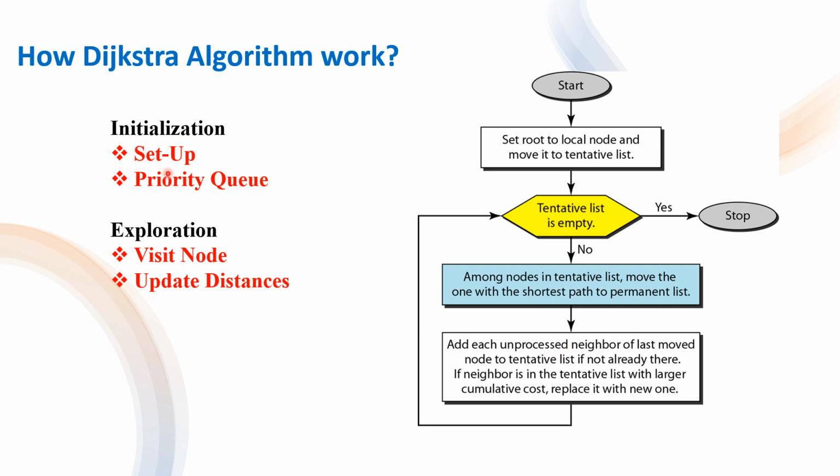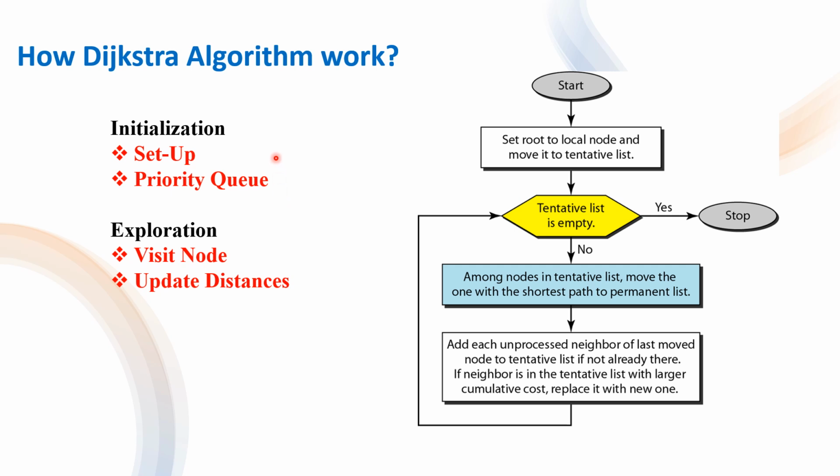The initialization process: set up distances and create a priority queue. Create a table or array to keep track of the shortest known distance from the source node to each node.